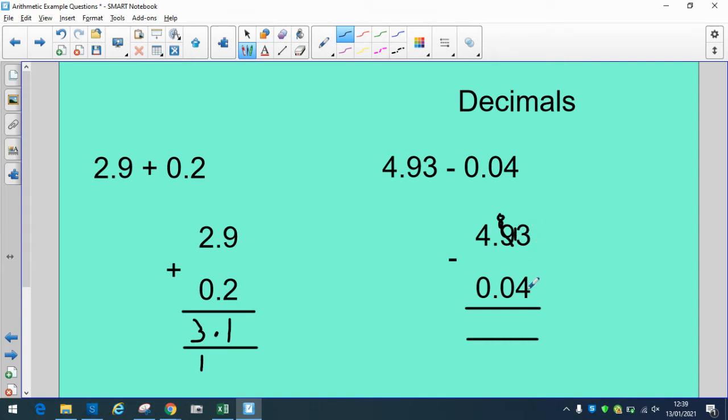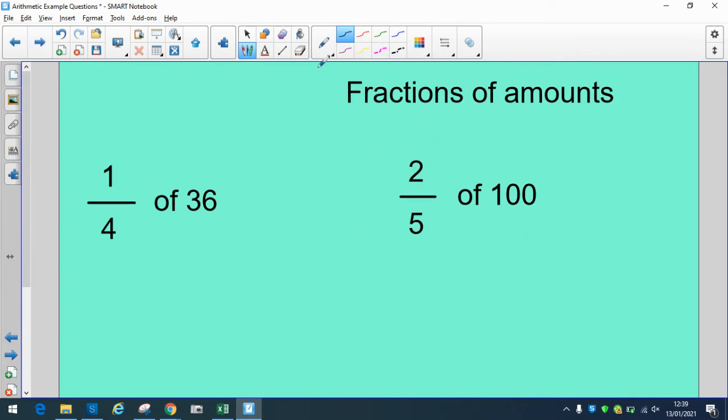So 13 take away 4 is 9. 8 take away 0 is 8. Decimal point still goes there. 4 take away 0 is 4. So it's still a fairly straightforward process once you set it out right. It's just like any other column addition or subtraction method. Do not let the decimal points confuse you.